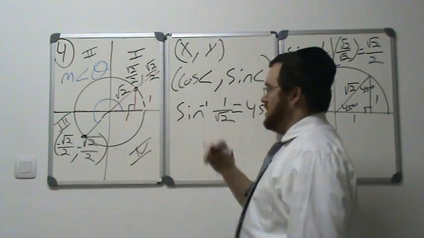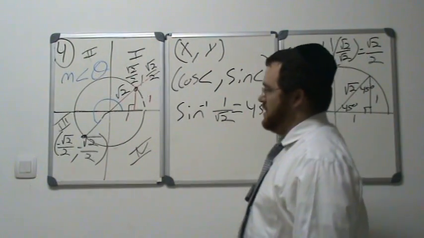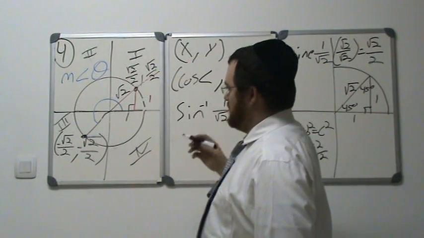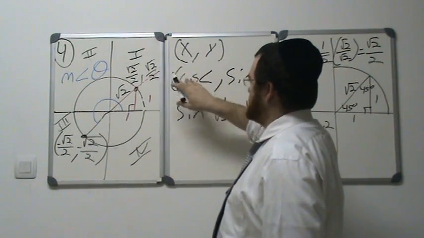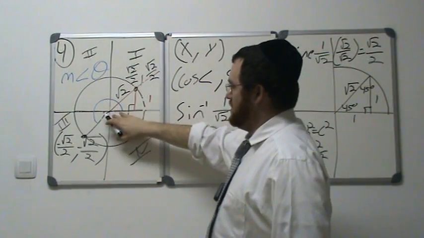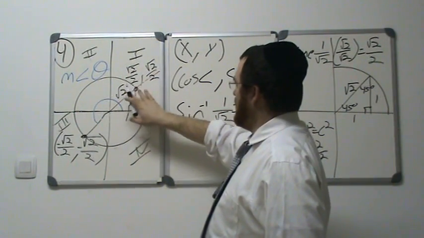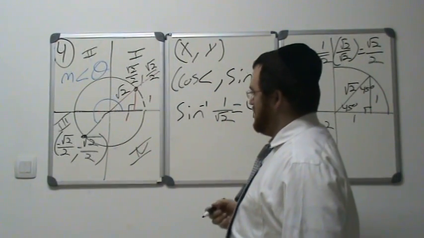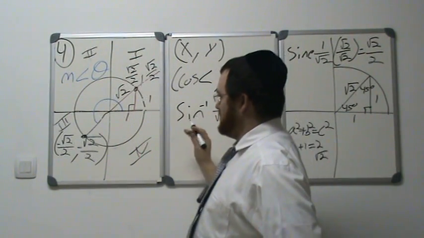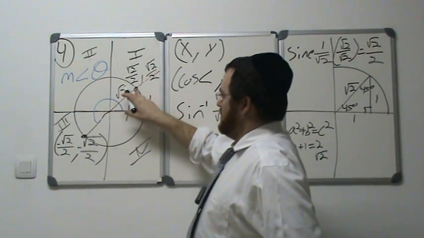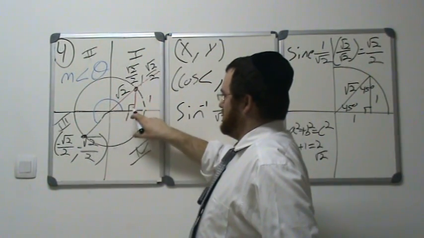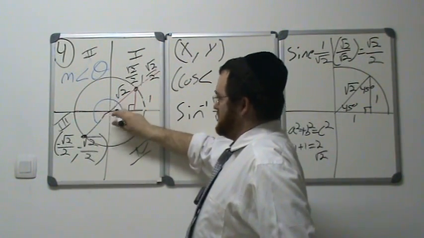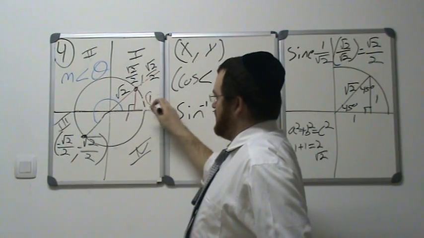So how did we get radical 2 over 2? Well, the x coordinate is the cosine, and the y coordinate is always the sine. So let's take the sine. The opposite is 1.